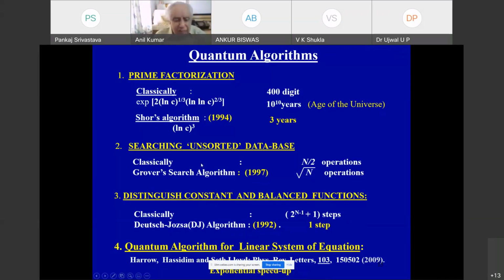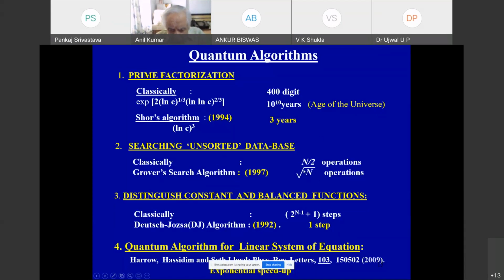There was, for example, searching an unsorted database. You see, you take your telephone directory. It is arranged alphabetically, but not numerically. But if I give you a number and ask you to find the name of the person whom it belongs to, you basically have to go through the whole list. You can be lucky, the first number that you see is the one you're looking for, or the last number that you are looking for.